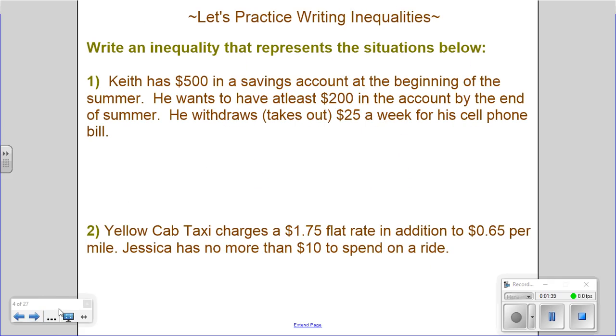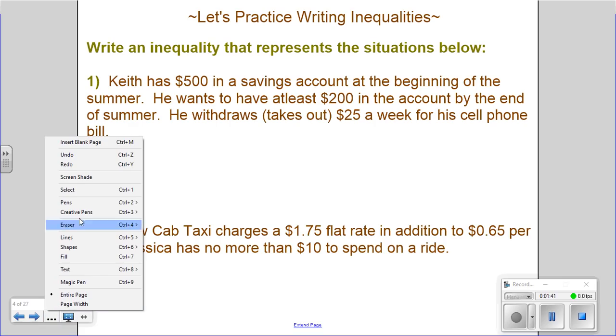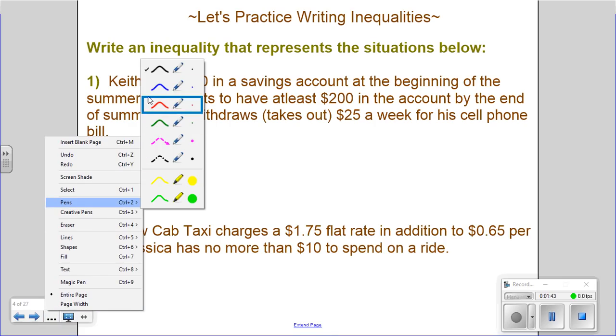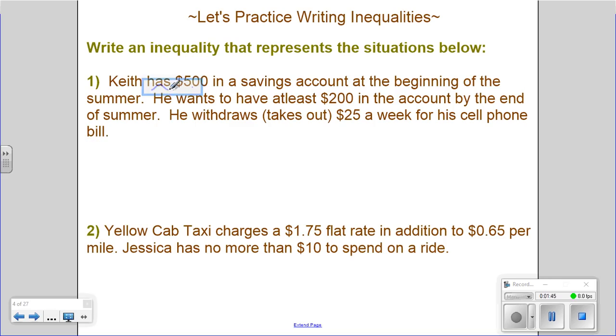So let's practice writing an inequality. The first one reads, Keith has $500 in a savings account at the beginning of the summer. He wants to have at least $200 in the account by the end of the summer. He withdraws or takes out $25 a week for his cell phone bill.